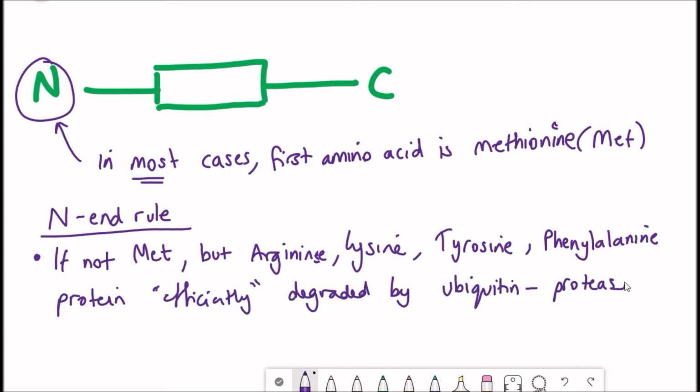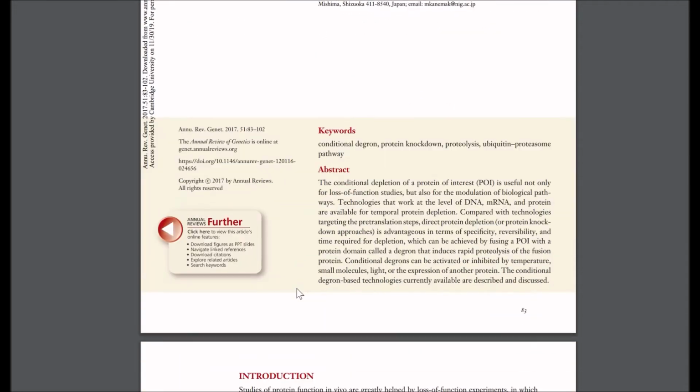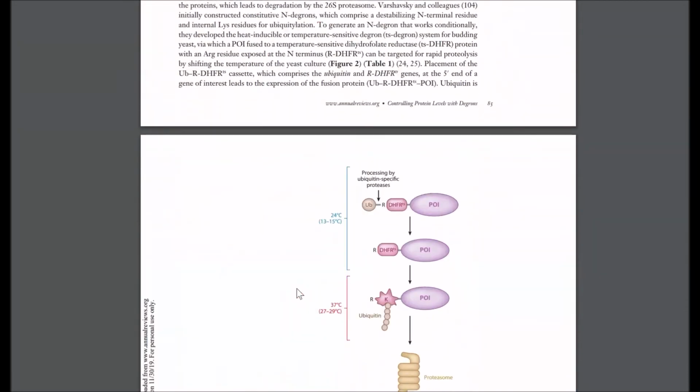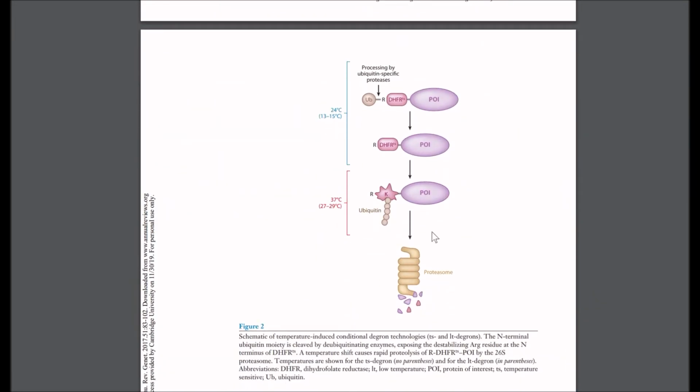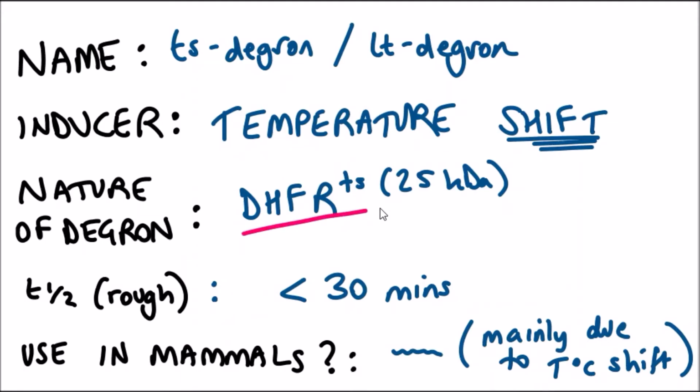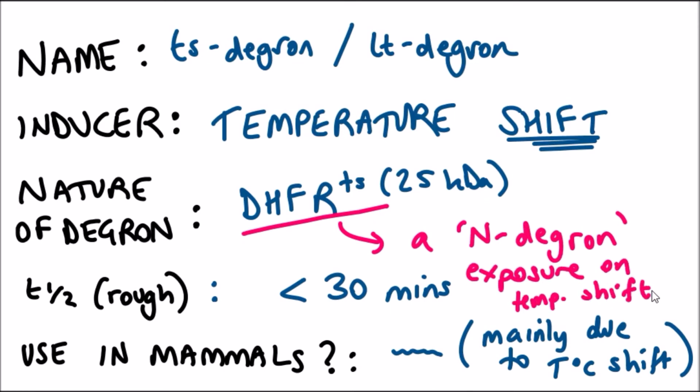So if I show you the figure from the review article, what we can see is that this dihydrofolate reductase temperature-sensitive degron has an arginine residue at its N terminus, and at the lower temperature, this arginine residue, or the lysine residues within the degron that are needed to be ubiquitinated for degradation, are kind of hidden or less likely to be recognised by the degradation system. Yet at the higher temperature, there's some kind of conformational change that exposes these residues that make it more likely for the protein to get degraded.